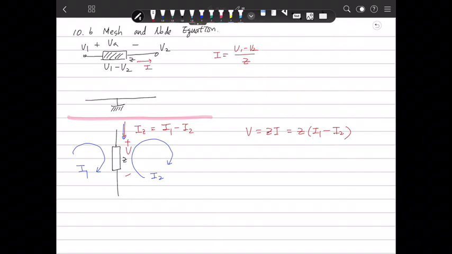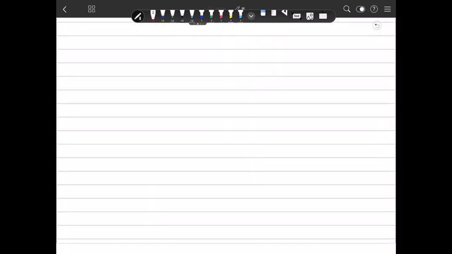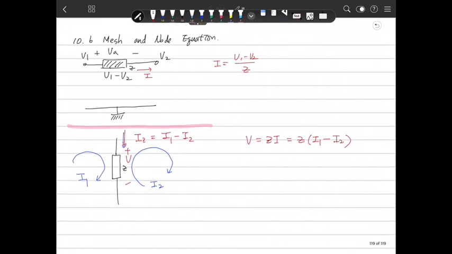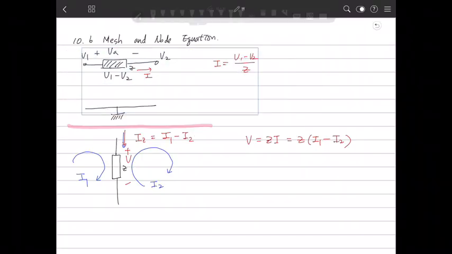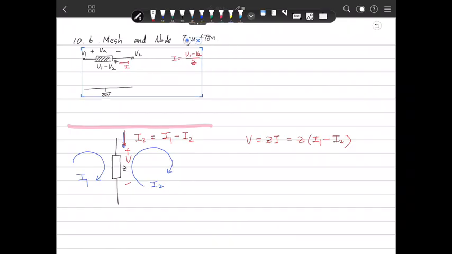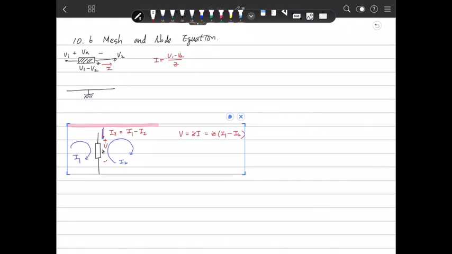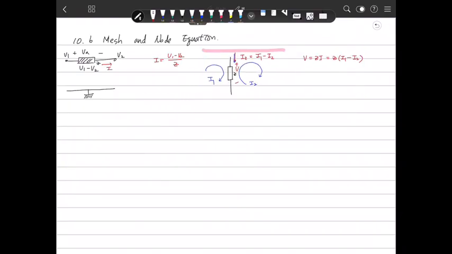So I will give you an example. That will be a little bit complicated. As an example, 10.6.